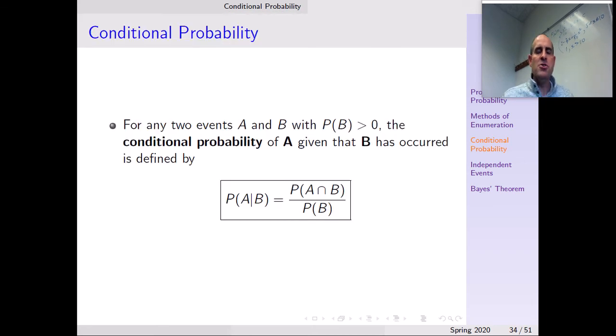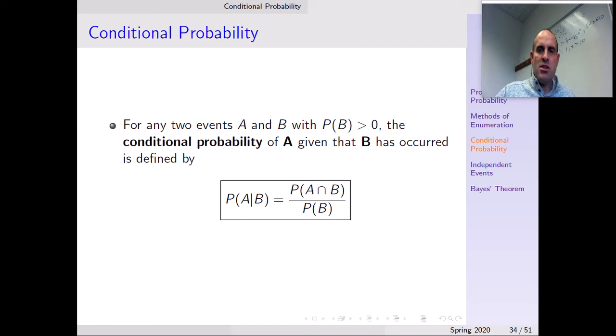All right, so for any two events, A and B, where you want the probability of B to be greater than 0, the conditional probability of A given that B has occurred is defined by that formula. By the way, we call B the conditioning event.